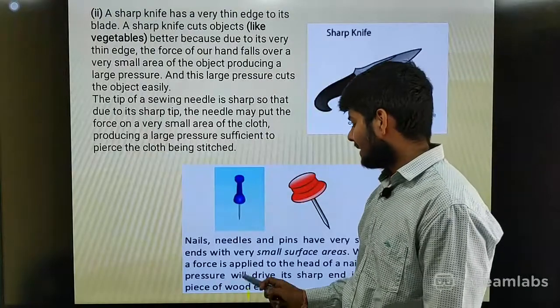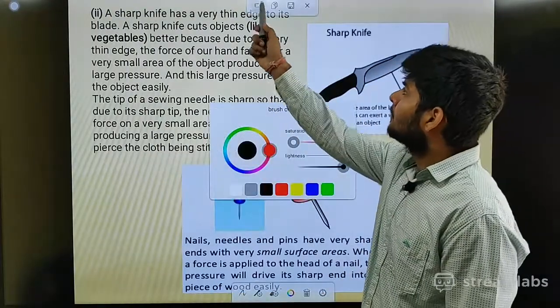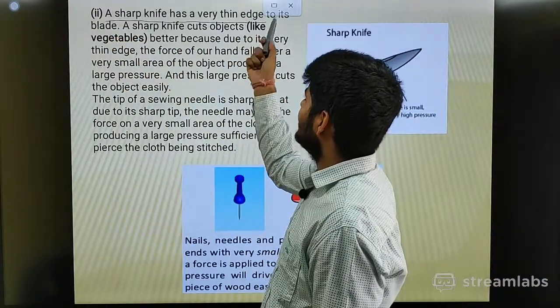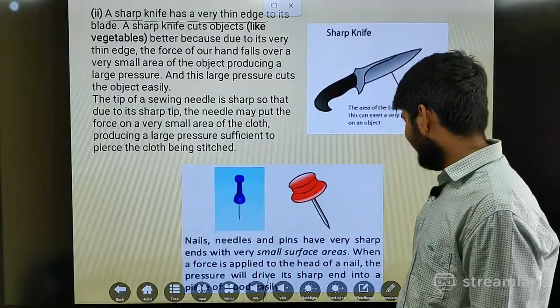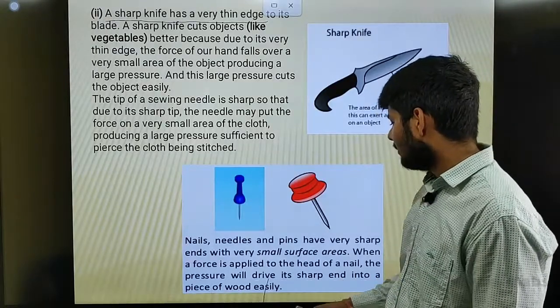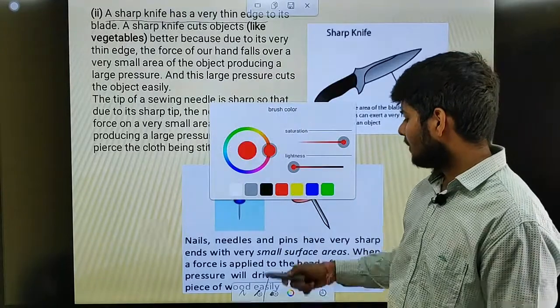In the second fact, a sharp knife has a very thin edge.